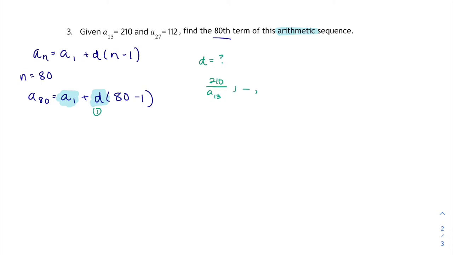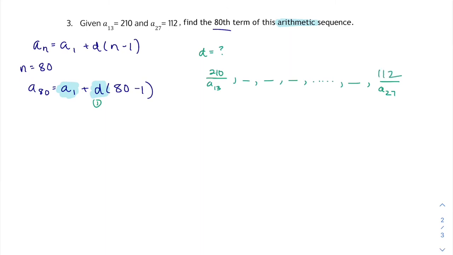And then we got my 14th, 15th, 16th, 17th, 18th, 19th, and so on, 26, and my 27th term is 112. First thing, I know that my common difference should be negative, right? I can see that it's getting smaller. So now I need to figure out what it is. Well, we know that with a common difference, you're adding the same amount each time, right?